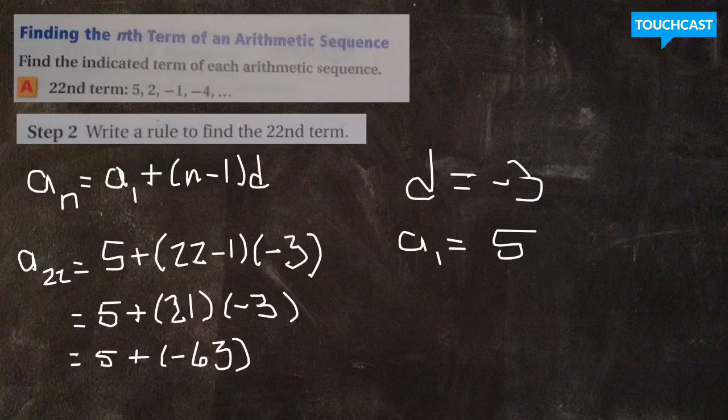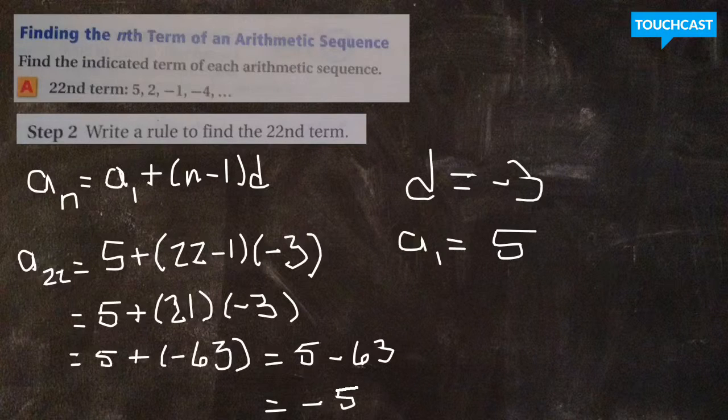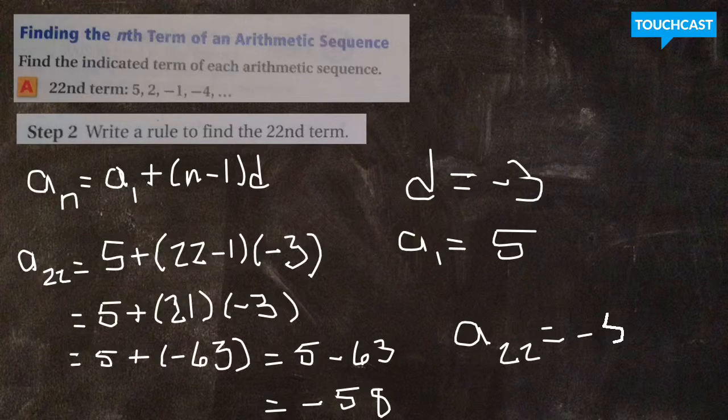Now we can do some addition. 5 plus -63, or just 5 minus 63, is another way to write that. 5 minus 63. That's going to give us -58. So that means the 22nd term, or a sub 22, is equal to -58.